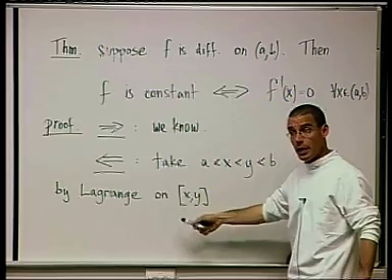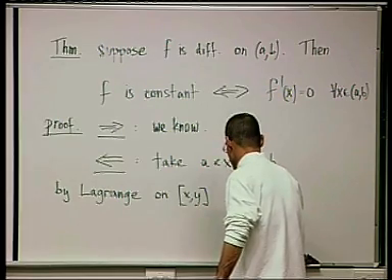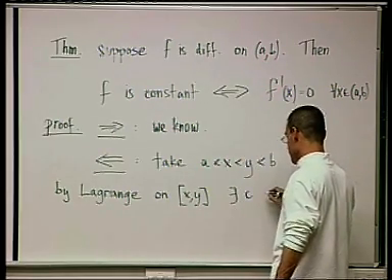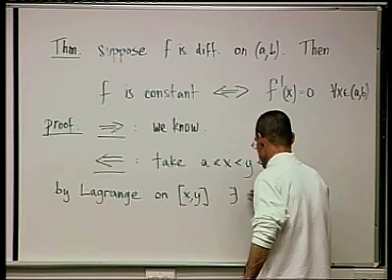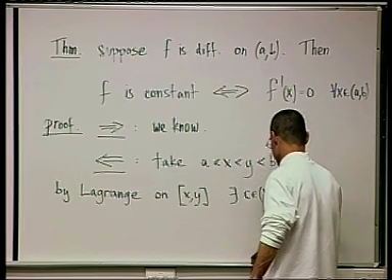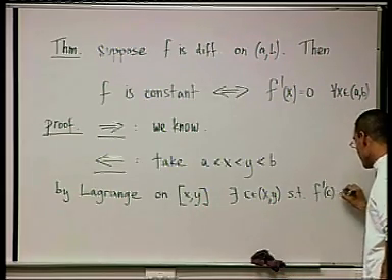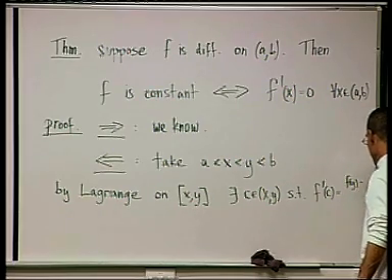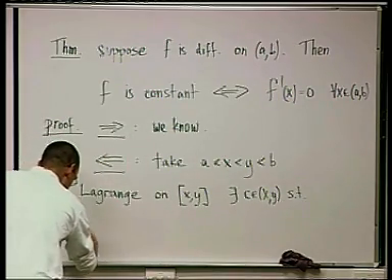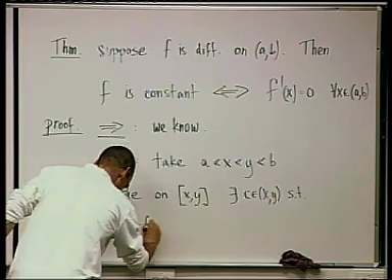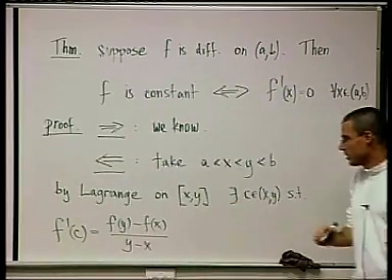So Lagrange's assumptions are satisfied, and therefore there exists a point c between x and y in the open interval such that f prime at c equals f of y minus f of x divided by y minus x. This is precisely Lagrange's theorem applied on this interval.